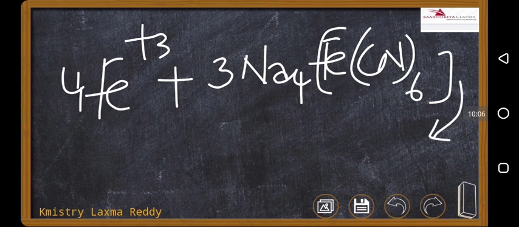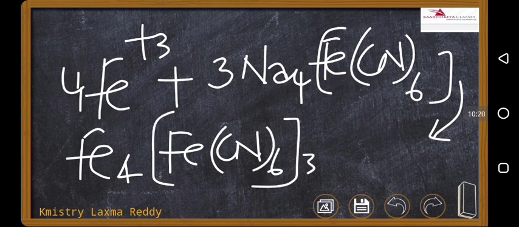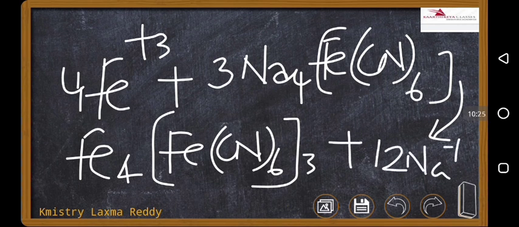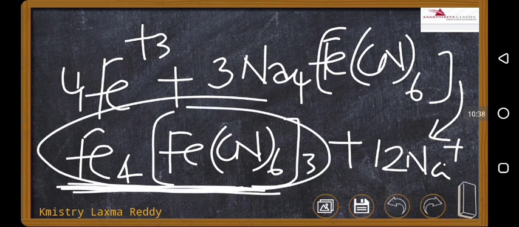When these two react, it will give you Fe4[Fe(CN)6]3 plus 12 Na+. This compound Fe4[Fe(CN)6]3 is called ferric ferrocyanide, which is of Prussian blue color. Due to the formation of this compound, the complex compound color will be Prussian blue.